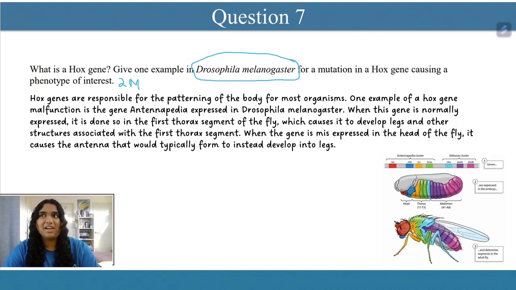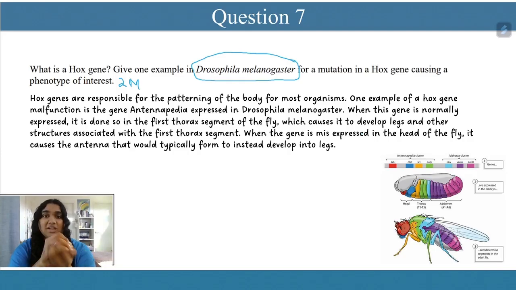Another way of writing the answer to this question could just be Hox genes are transcription factors or specific genes that code for transcription factors that are responsible for the location of cell tissue formation. They ensure that body parts during the developmental stages of organisms, so in this case the fruit fly, are going to grow in the correct position, in the correct orientation.